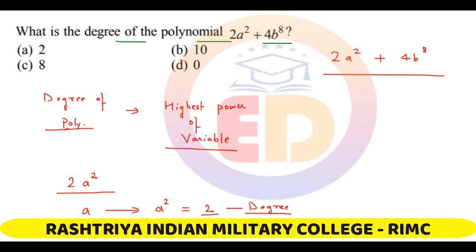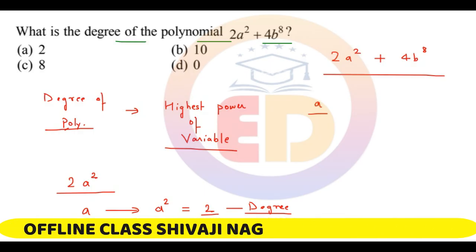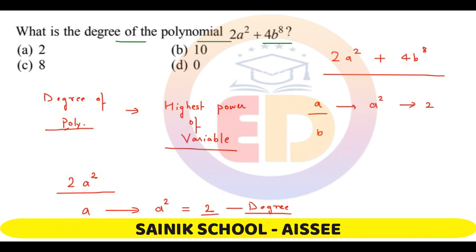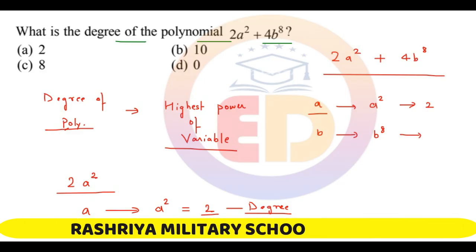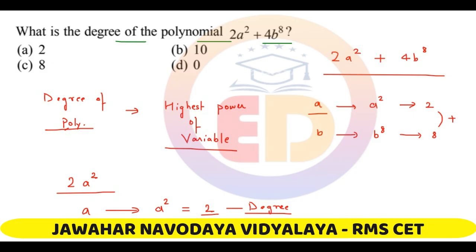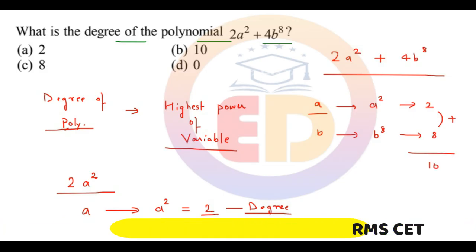However, when there are two variables, for example here a and b, the highest power of a is a power 2 and the highest power of b is b power 8. So in such cases, when there are two variables, you add the highest power of both the variables, 2 plus 8. The degree of this polynomial is 10.